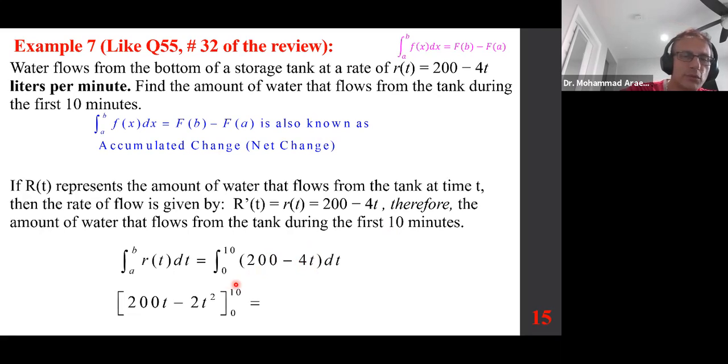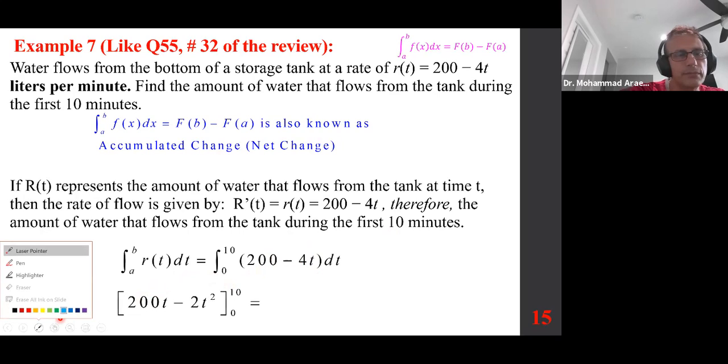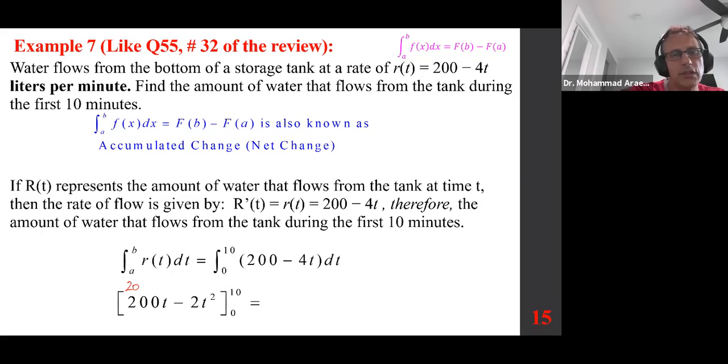Evaluation from 0 to 10, if you plug in 10, we are replacing the t with 10. 200 times 10 gives us 2000, minus 10 squared is 100, times 2 is 200. And when we plug in 0, we get 0. So I'm going to write this minus 0, which is 1800 liters.